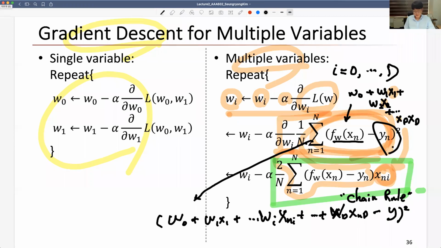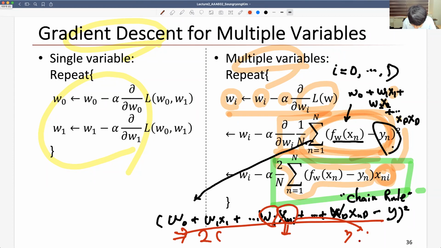Then we can find the derivative of this term in terms of xi, for example. Then it will be something like this term again, and this xni should be here by the chain rule. So it's going to be this term.